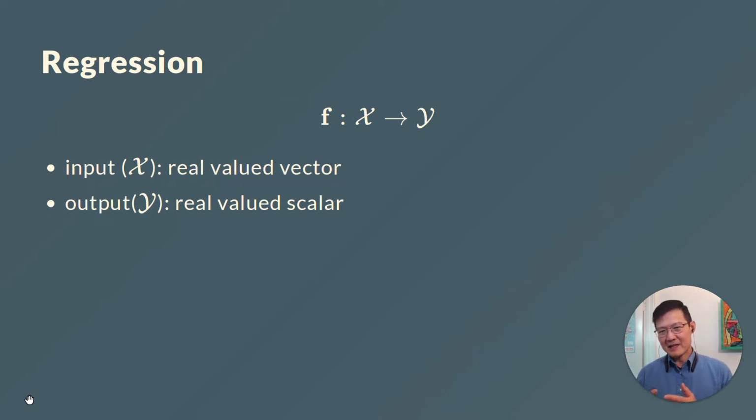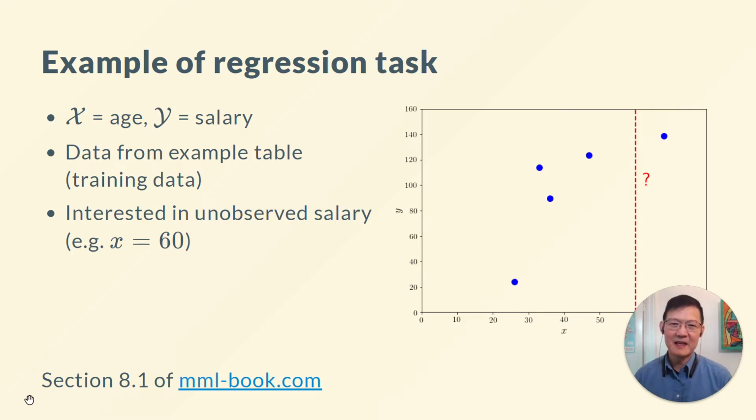Given that input, we can do something like regression, where we take a real valued vector input and output a real valued scalar. Again, using that example data, on the x-axis here, we have age. On the y-axis, we have salary. And the data points that were in the previous table are plotted here as blue dots.